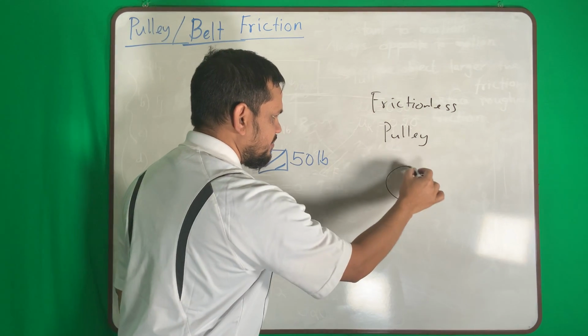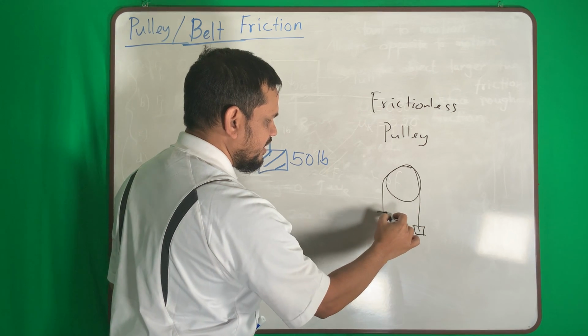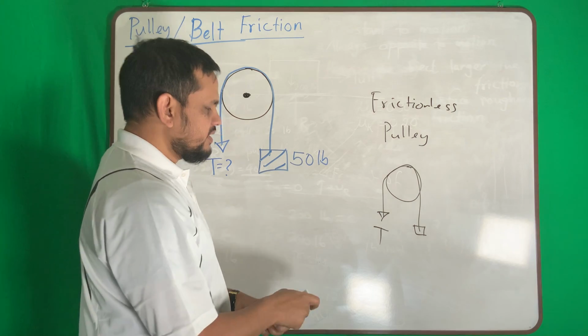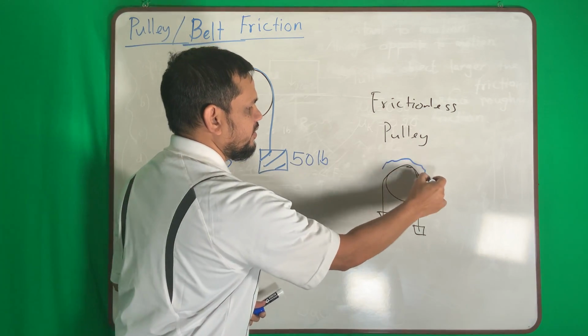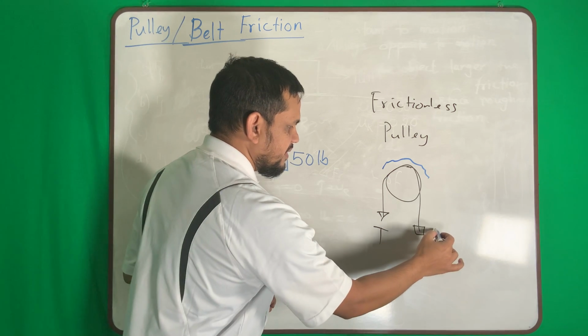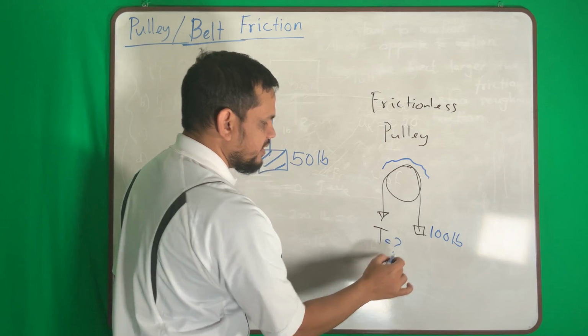That means if there is a pulley here and I have an object here and I am pulling it somewhere here. Frictionless pulley means there is no friction on the surface. In that case, if the weight is 100 pound, how much will the tension be?